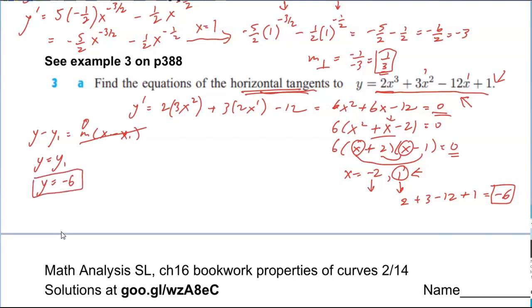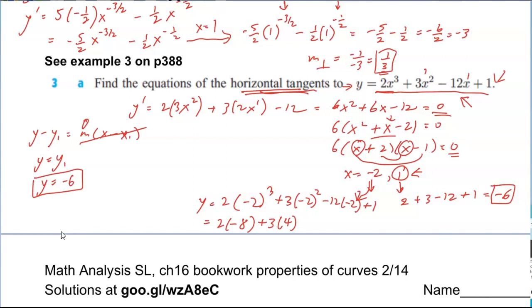The other one would correspond to x equals negative 2. This one's a little harder. If I plug that in here, I would get y equals 2 times negative 2 cubed plus 3 times negative 2 squared minus 12 times negative 2 plus 1. And this would be 2 times negative 8 plus 3 times positive 4.